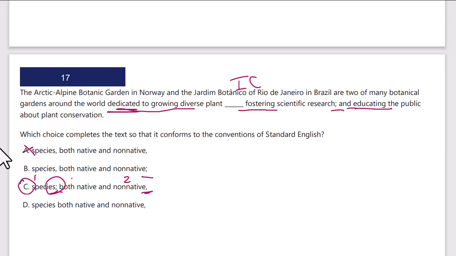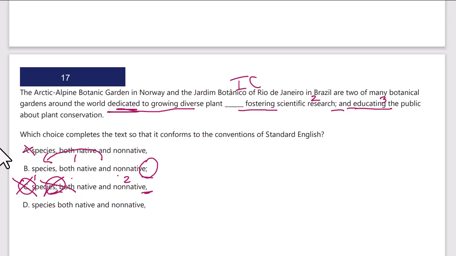Actually, the both native and non-native refer to the species, right? The diverse plant species. This would be the next item on the list. So it's actually not this semicolon. It is a list of 1, 2, and 3, but this is 1 with a comma. List element 2 is fostering scientific research. And list element 3 is educating the public about conservation.